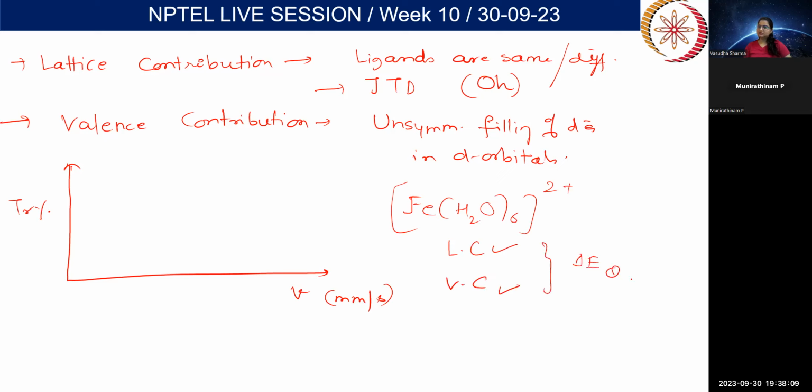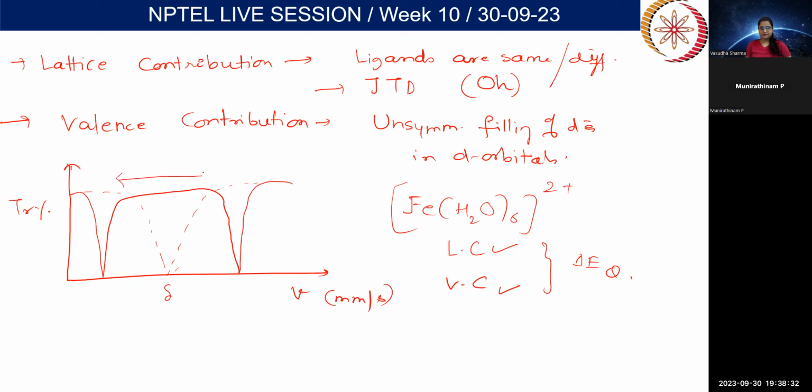Therefore, delta EQ would be there. And if I have a certain value of the isomeric shift, because of the lattice contribution and valence contribution, this will get split into two halves. So now the main spectrum will look like this.